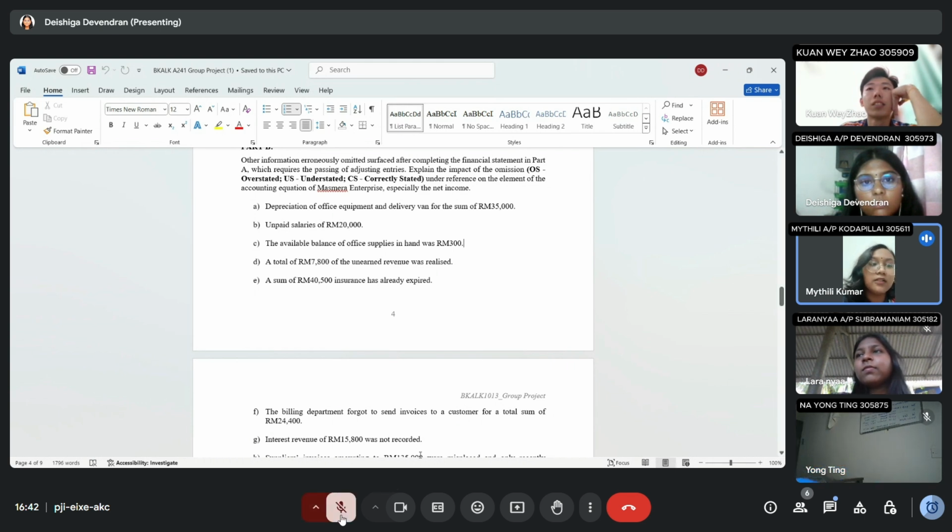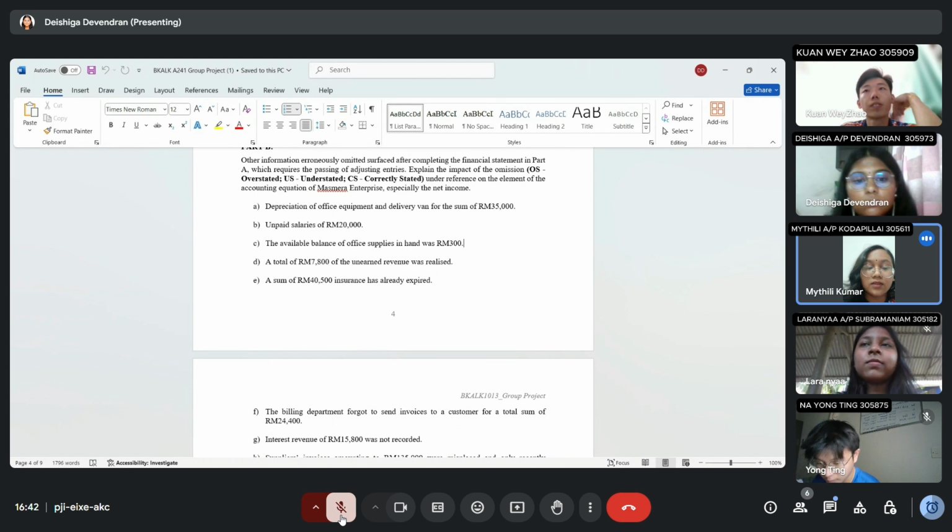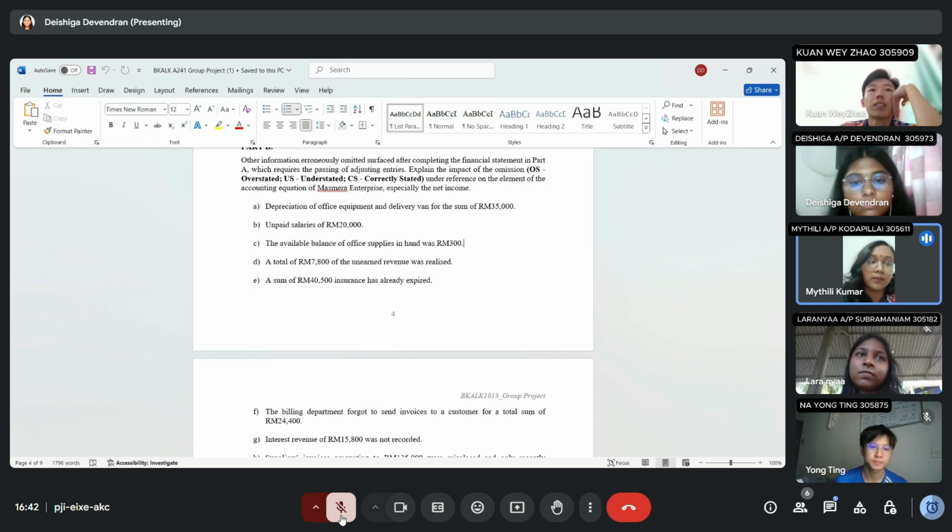This is because the difference of 4,000 minus 300, which is 3,700, should have been expensed as used supplies. Without this, expenses are understated. For net income, it is overstated because since expenses are understated, net income is overstated.